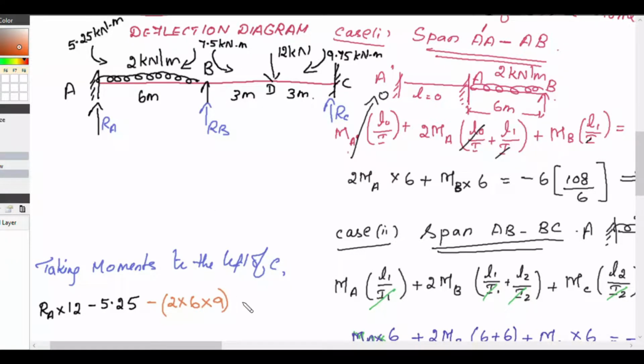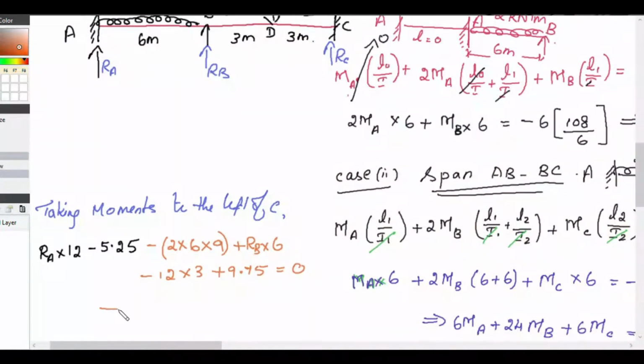Now we have RB, that is positive. So plus RB into 6. Now there is a 12 kilonewton load. So minus 12 into 3, anti-clockwise. Again this 9.75 is clockwise, so it is plus 9.75 is equal to 0.